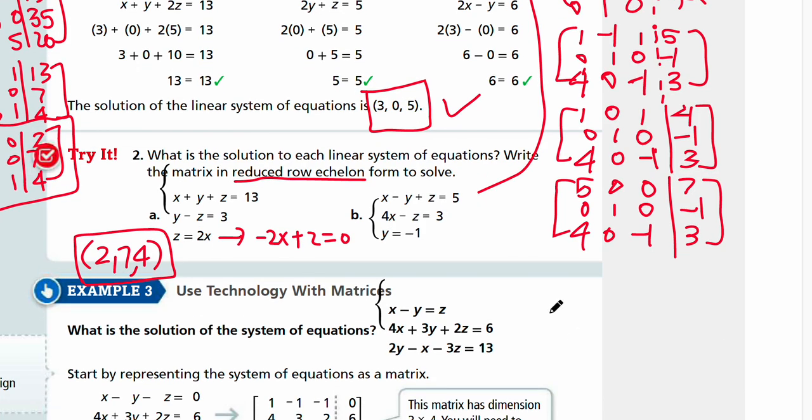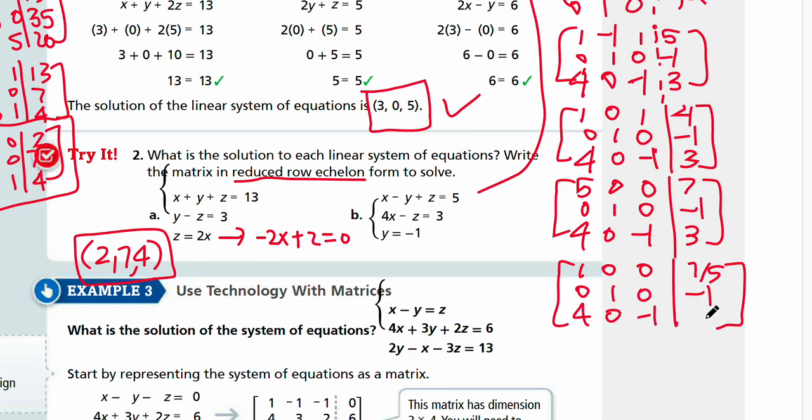And now what else can we do? We can divide the first row by 5 to get 1, 0, 0. Divide by 5, you get 7 divided by 5. And then the second row is solved. So the first row and second row are solved. And then lastly, the third row, you want to get rid of the 4. So first, let's rewrite this.